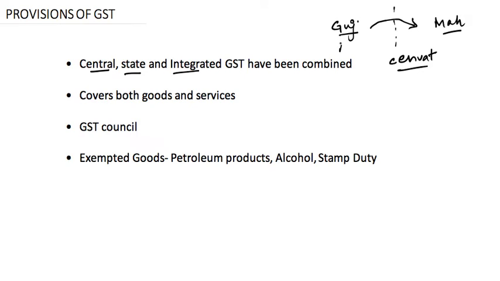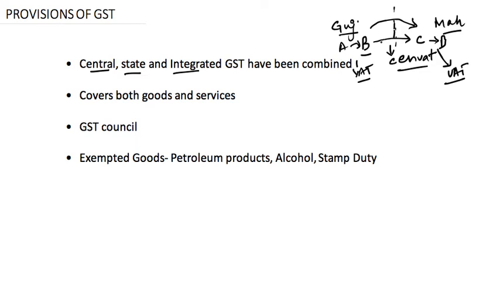Let's say that there are two sellers here and two here. So A is selling to B, B is selling to C, and C is selling to D. When A is selling to B, there is a VAT being charged. When B sells to C, because it is crossing borders, a CEN-VAT is being charged. And when C sells to D, again a VAT is being charged.